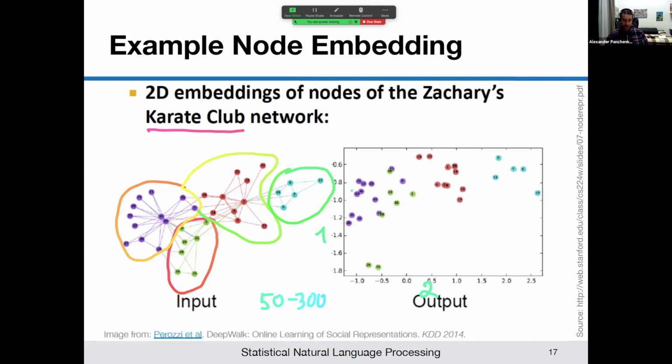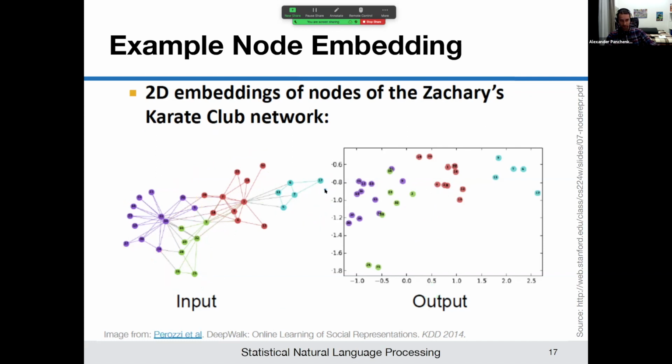Obviously, if you just initialize a random vector for each of these guys, what you're going to get is a mixed bunch of dots here, which do not semantically represent the original structure well. So this is the main challenge: how to learn this so that original distances in the graph are preserved.